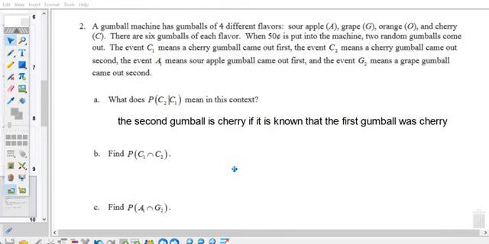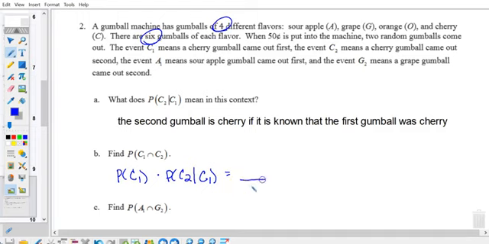Find C1 and C2. So they're going to come out at the same time. So for the probability of getting cherry first, the second gumball is affected by the first one. All right, there are 6 of each flavor. So there are 24 gumballs to start, and then 23 after I get the first one.